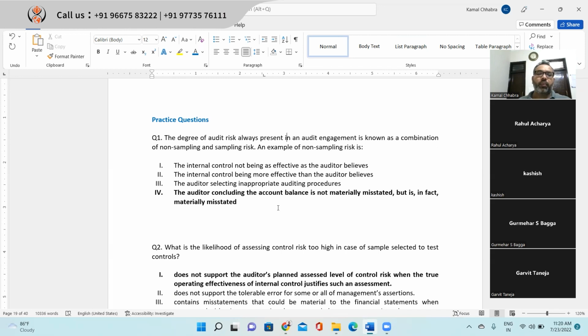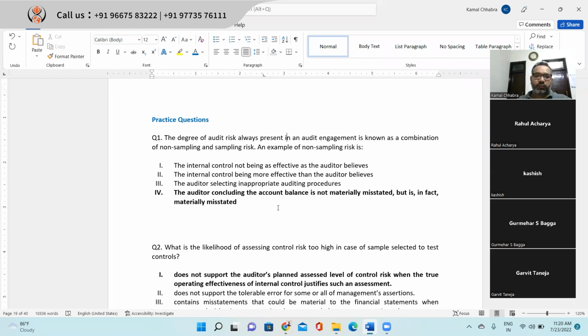Internal control being more effective than the auditor believes. The auditor selecting inappropriate audit procedures. The auditor concludes the balance is not materially misstated, but is in fact materially misstated. Which one is an example of non-sampling risk?